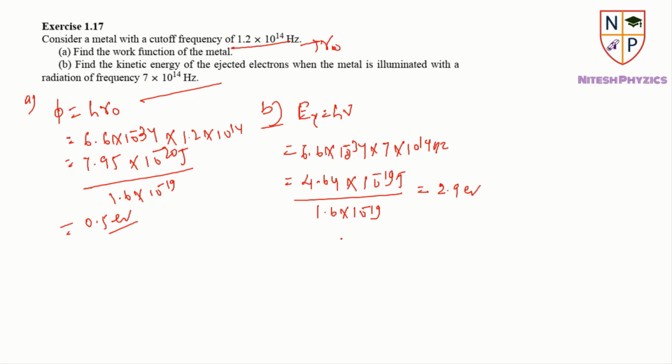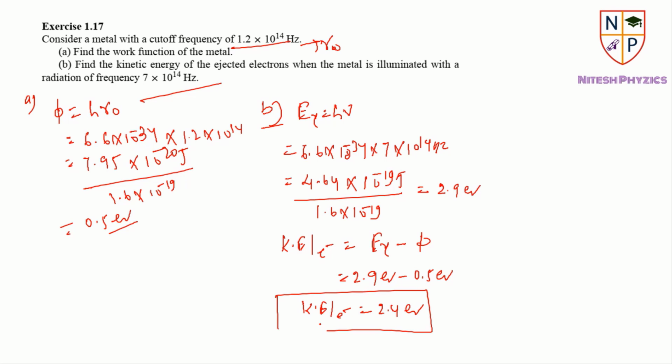Okay. Now the kinetic energy of ejected electron is the difference between the energy of incident photon and the work function of metal, as we already know. Then kinetic energy of electron will be E gamma minus phi, that is 2.9 electron volt minus 0.5 electron volt. So the value of kinetic energy of ejected electron will be 2.4 electron volt.